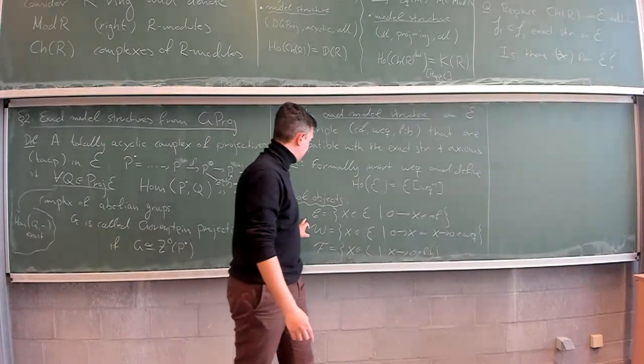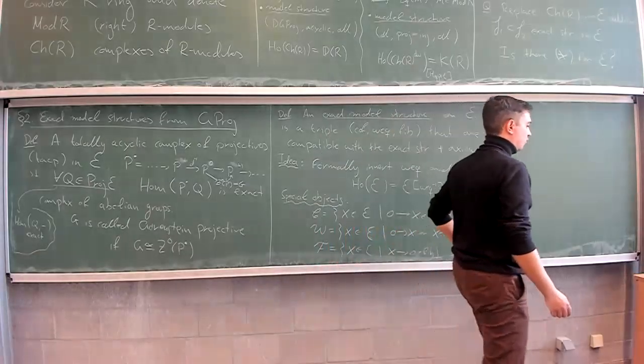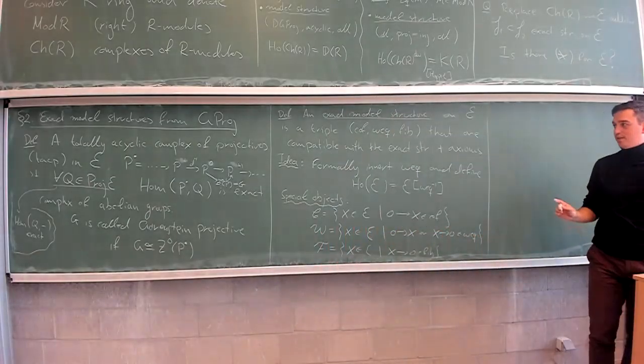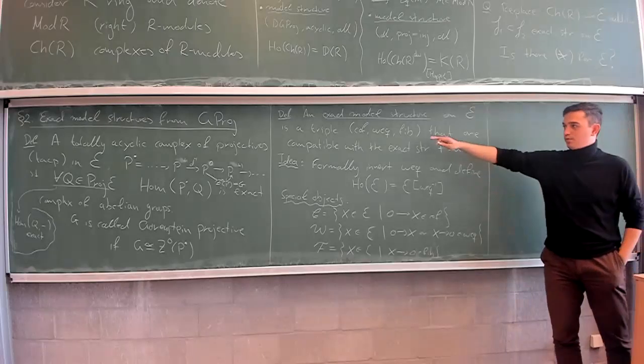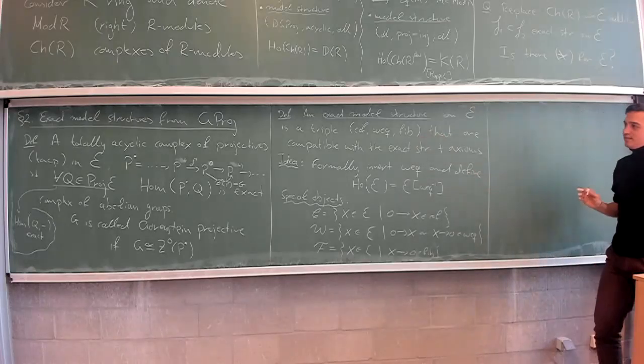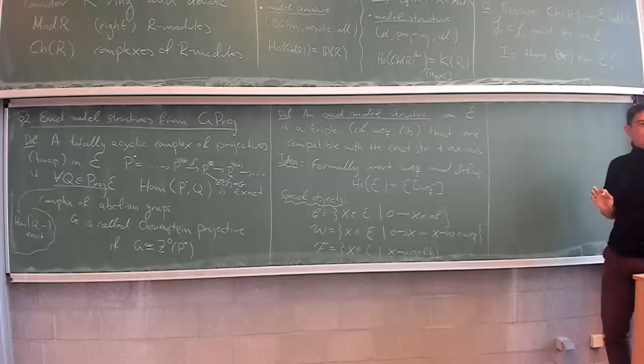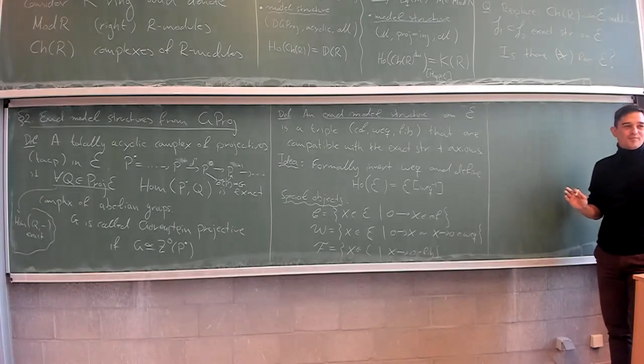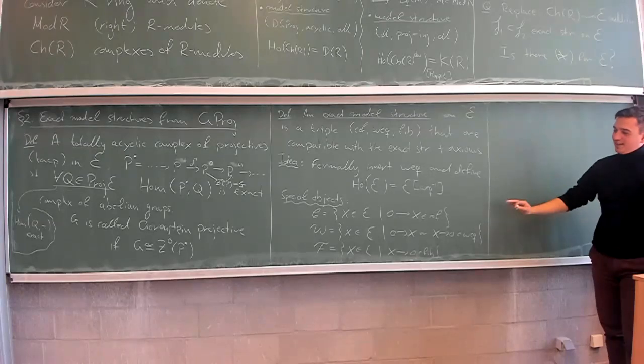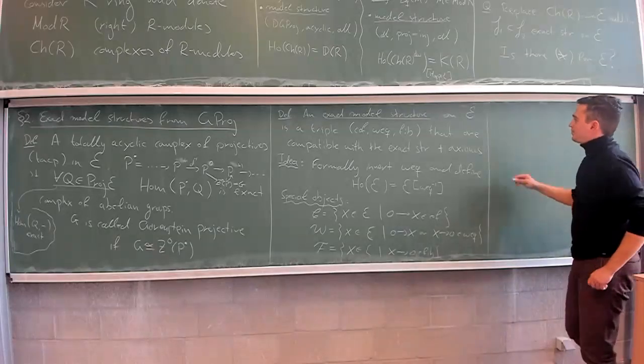Now, in principle, these 3 classes of objects do not determine the model structure. Okay? You have to work with the morphisms. But I'm doing algebra and not algebraic topology, so all of my categories are algebraic in a sense. So we are lucky enough that these can determine the model structure in the end.